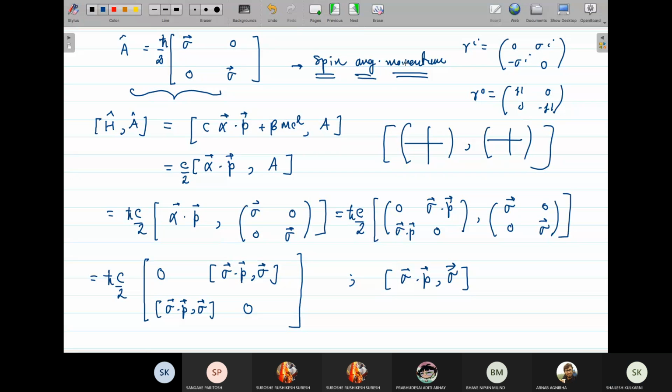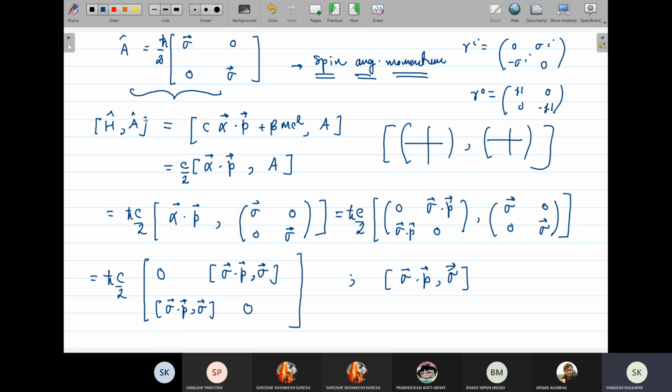That means this L is incomplete. I must add something to L so that H with that total thing is zero. That something turns out to be this matrix. So this is a rough justification of how spin comes into the Dirac theory. It's automatic, it's there already. Once you write down this Hamiltonian, the spin is already there.